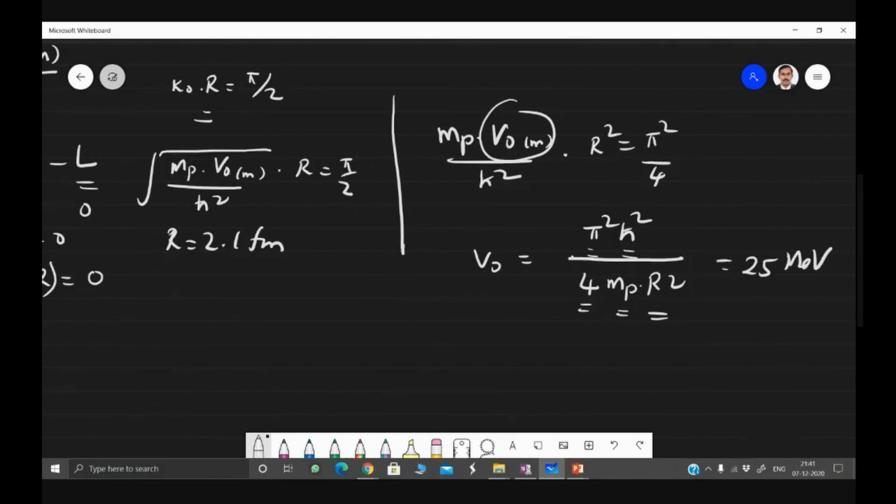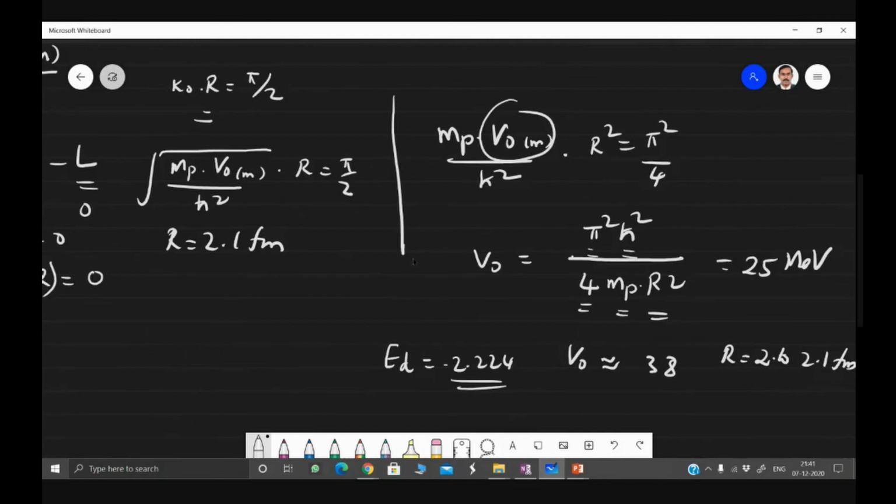Based on this argument, if we estimate the value of V naught for the total energy E corresponding to the diatron, which is minus 2.224 MeV, V naught would be roughly around 38 MeV if we consider R around 2 to 2.1 Fermi. So we can cross check by substituting this value corresponding to the energy, Ed is equal to minus 2.224 MeV.